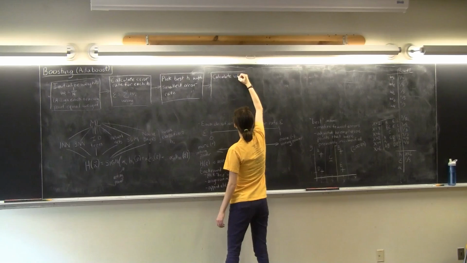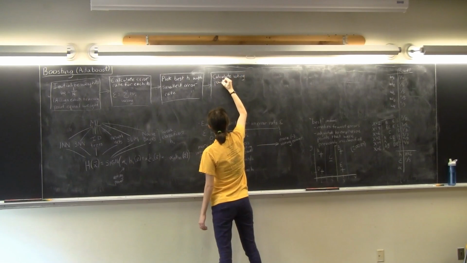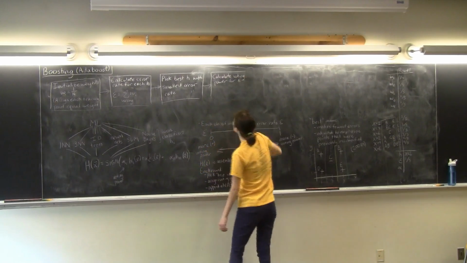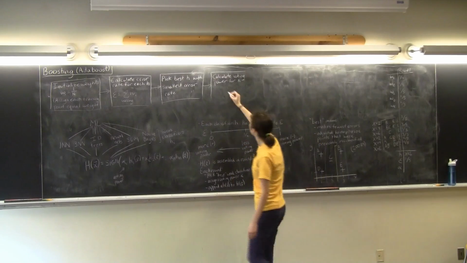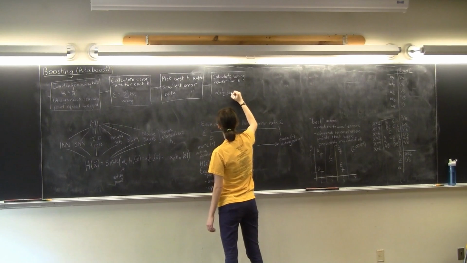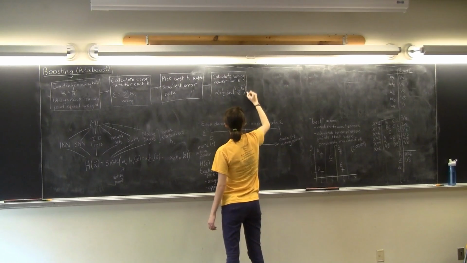So we'll calculate the voting power for our best weak classifier. The voting power will be defined as 1/2 the natural log of 1 minus the error rate over the error rate.